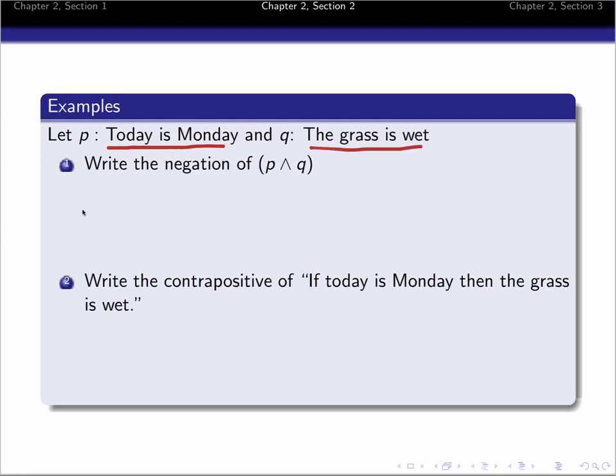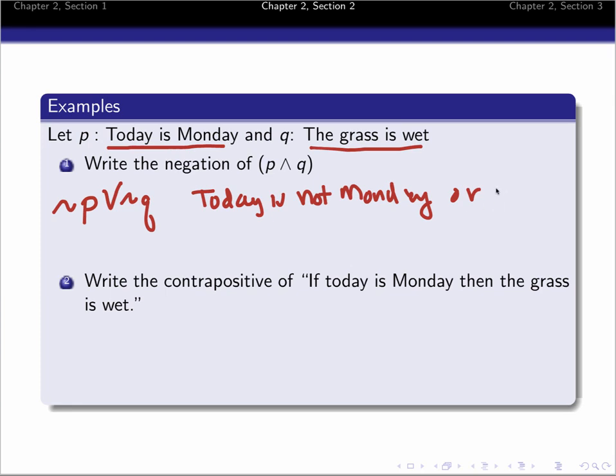The negation of P and Q is, as we saw earlier, not P or not Q. And then in words that would mean today is not Monday, or the grass is not wet. So there's the negation in both symbols and in words.